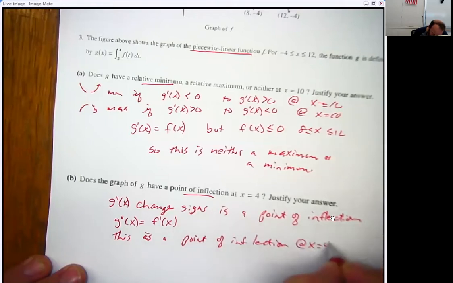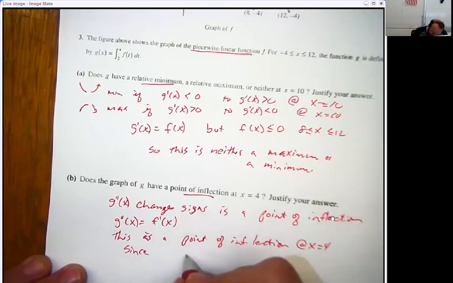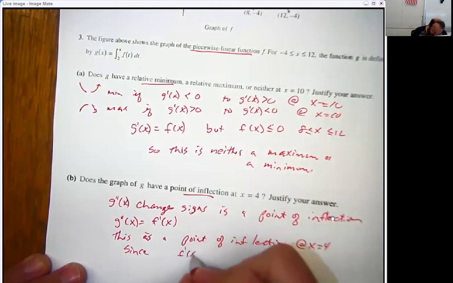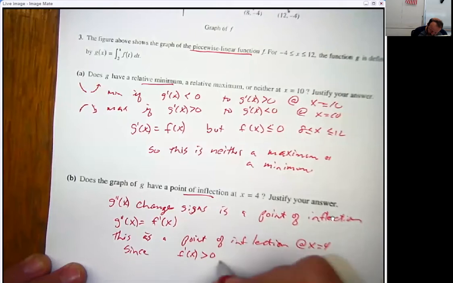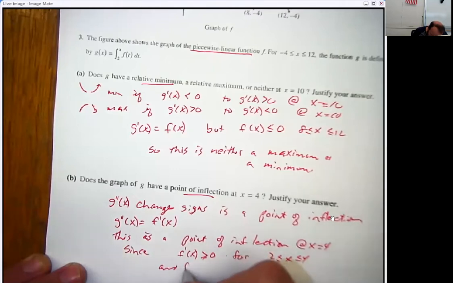At x equals 4, since f prime of x is greater than or equal to 0 for x from 2 to 4, and f prime of x is less than or equal to 0 from 4 to 6.